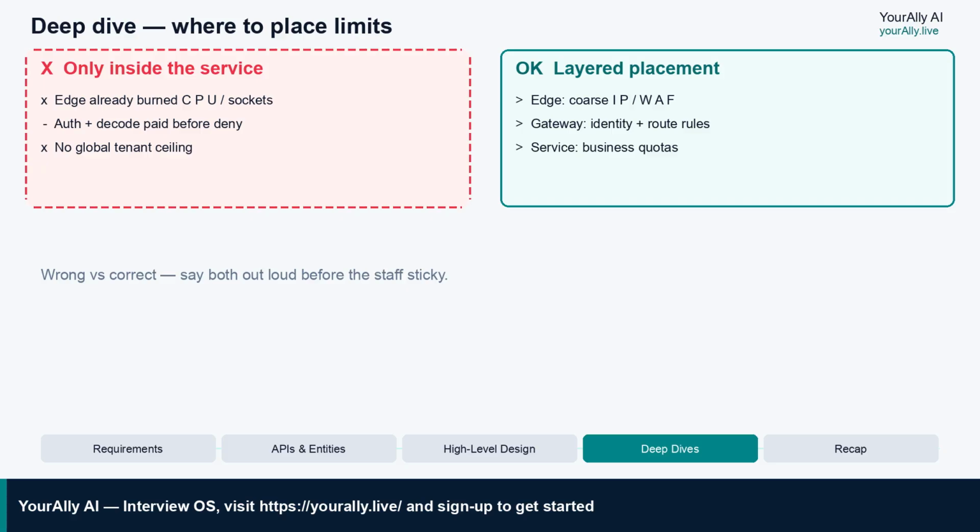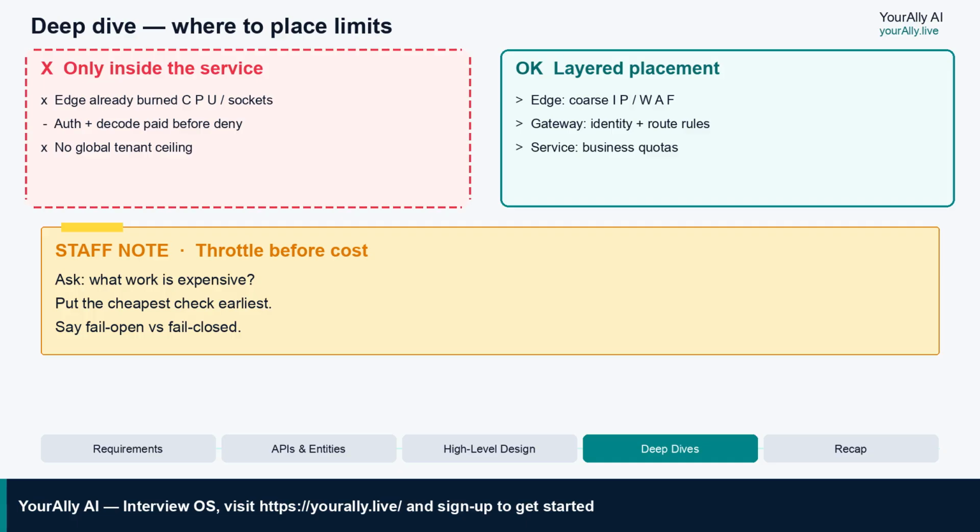Deep dive 1, placement, wrong versus correct. Wrong: only limit inside the service. Edge sockets and TLS are already burned. Auth and JSON decode already ran. A noisy neighbor takes a whole tenant down because you never had a global ceiling at the gateway. Correct: layered placement.